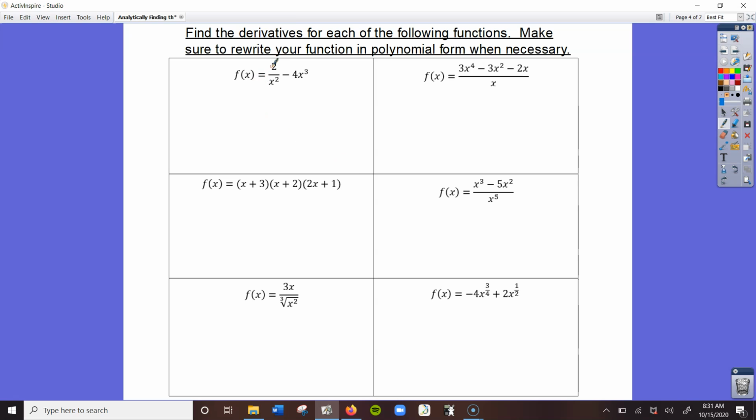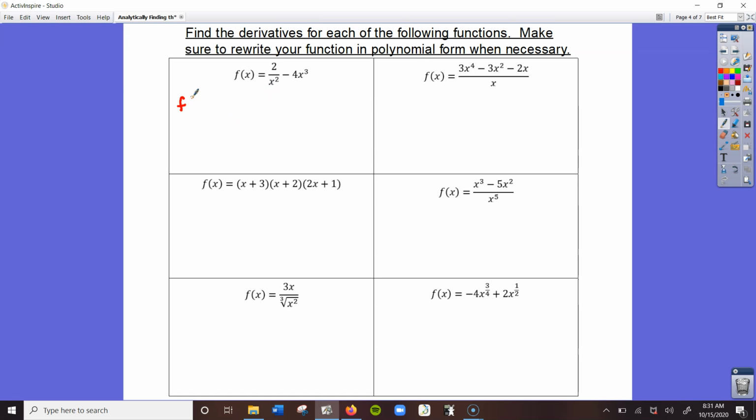So f of x is equal to 2 over x squared minus 4x to the third. This is not in polynomial type form, but we can rewrite it so that it is. If I apply my rules of exponents, when I have something in the denominator and I would like to bring it up, you just make it the exponent negative.